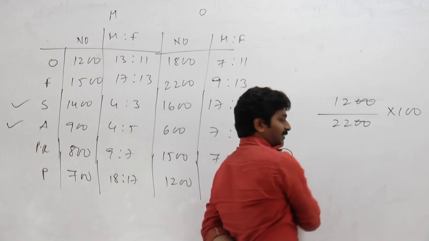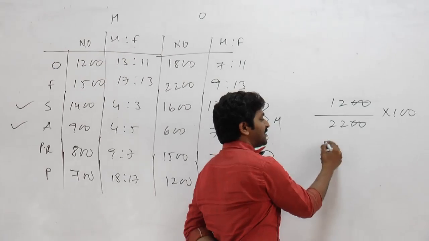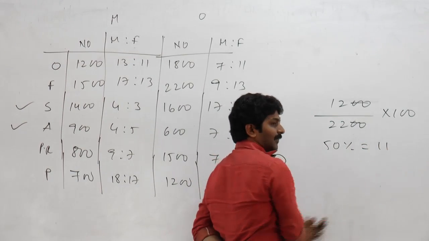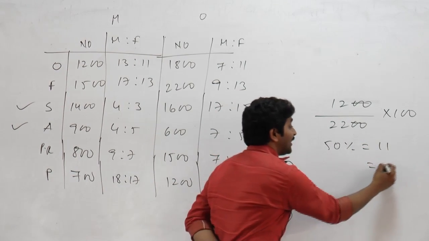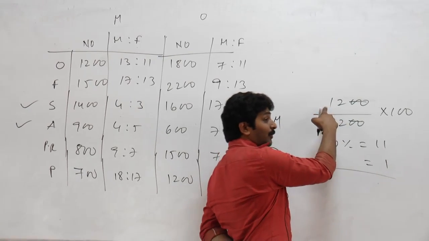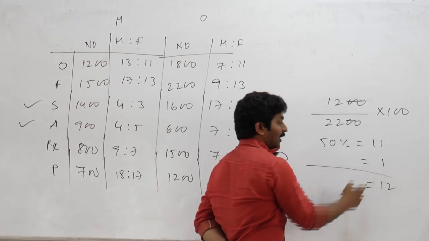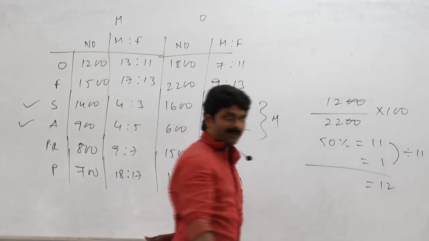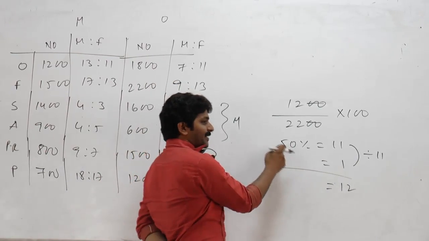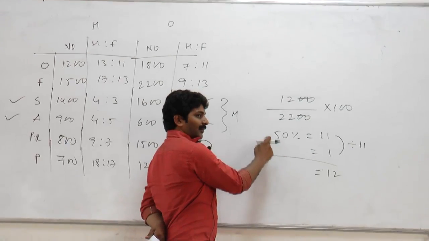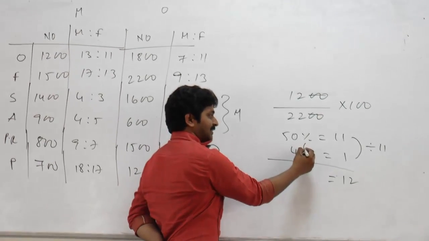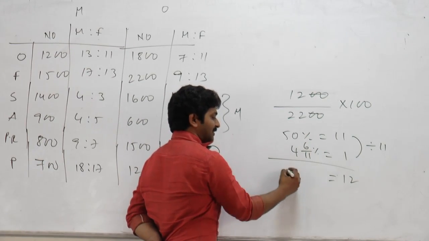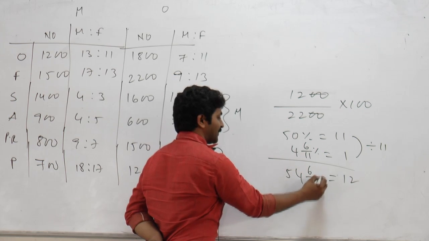Two zeros cancel. 50% of denominator? 11. You still need to add 1 to make it your numerator 12. Yes or no? How will you get 1 using 11? Divided by 11. 50% divided by 11. 4, 6 by 11%. Answer 54, 6 by 11%.